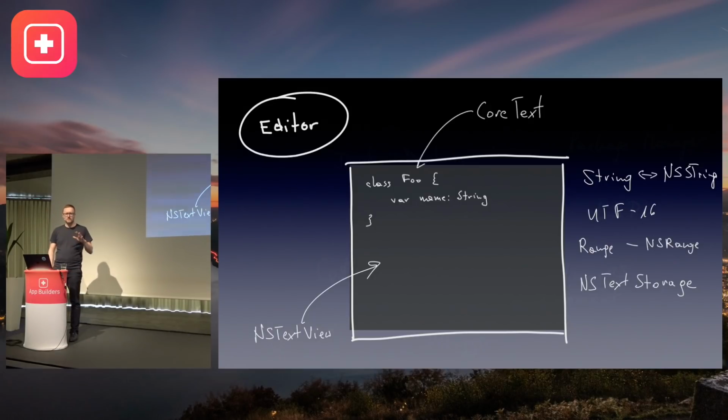I don't know if you're familiar with the problems with Swift String and NSString. But there's a bridging, right? And this bridging can be very time-consuming, performance-consuming, because it happens all the time. And when you work with String, all these indexes are a hell.